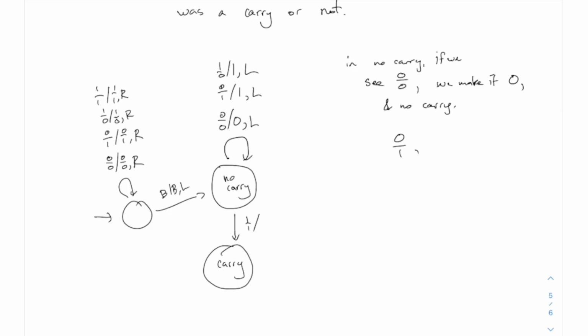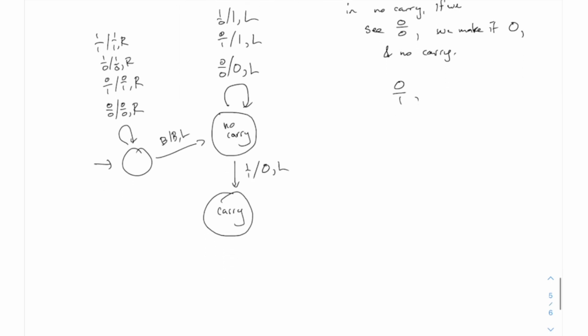What should I write as the answer in that digit? A 0, yeah. If you see a 1 plus a 1, you write a 0 there and then you carry. So this becomes a 0 and a L. All right? And then I have to think about, in the carry state, what happens for various inputs. For instance, in the carry state, if we see, I'll start with 0 over 0 again.